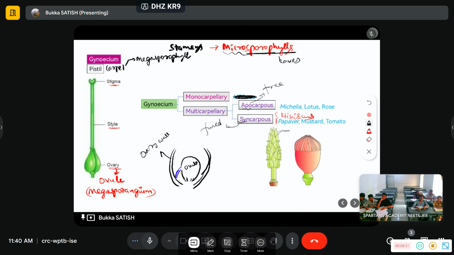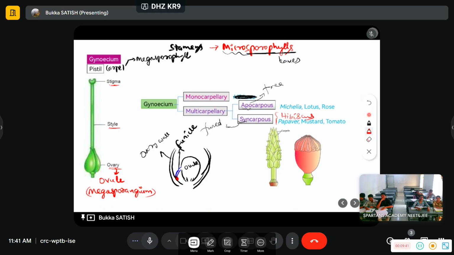This is the ovule. This stalk, what is the name of the stalk? Funicle. The name of the stalk is funicle. Now see exactly, I'm talking about this particular point, the one which I have highlighted in red.